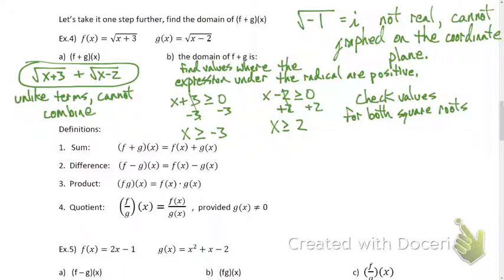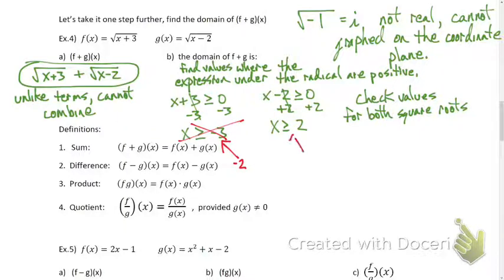So, for example, let's change colors. This one here means x greater than or equal to negative 3. This means that negative 2 should work. So if I plug negative 2 into the first square root, I get negative 2 plus 3, I get a 1. That works out. That checks out. If I plug negative 2 into that second square root, I get negative 4. That doesn't work for both.